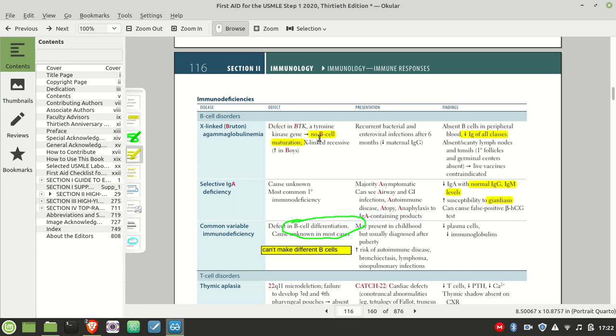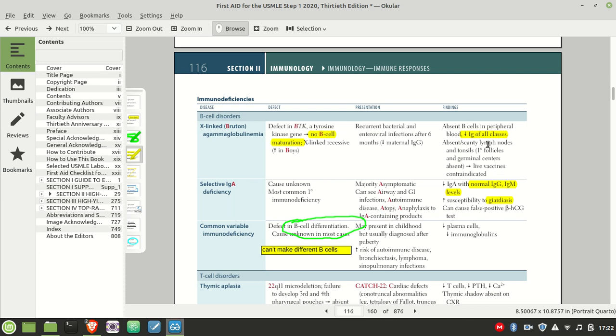Well, you guys know how B cells and plasma cells and immunoglobulins are all interrelated. So you can, of course, imagine how if you have no B cells, you're not going to have that much in terms of immunoglobulins either. So when you look at a test question and they show you the blood count and they tell you, here's the T cell count, here's the B cell count, here's IgG, IgA, IgM, whatever.